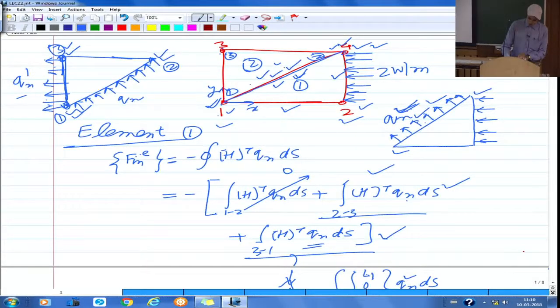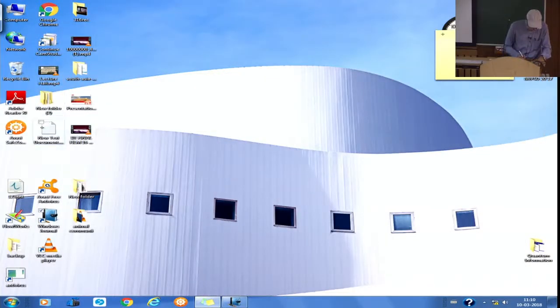So we do not actually bother about evaluating these integrals along the internal edges, the common edges shared by the elements. We only look at wherever this is known, so we take that into account, and wherever the external boundary conditions are there, we will have to take that into account. So if you recall what I had done, let me go back to that.